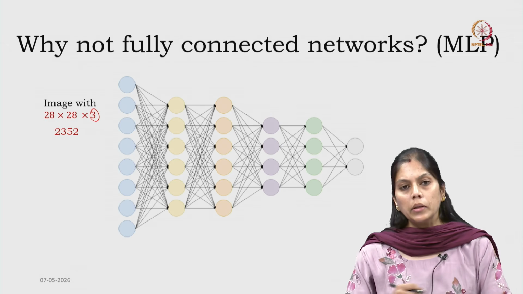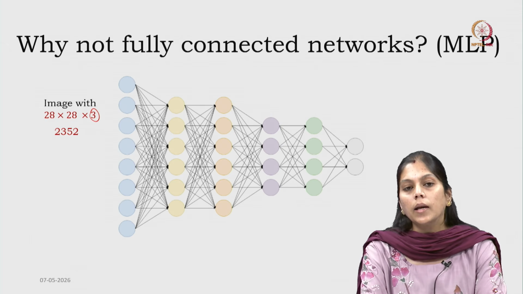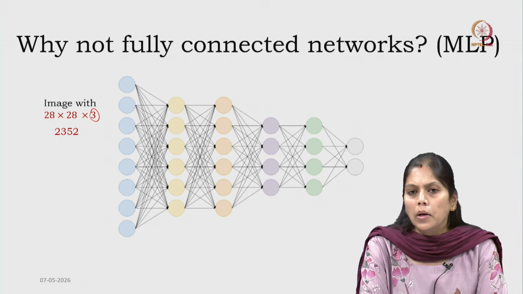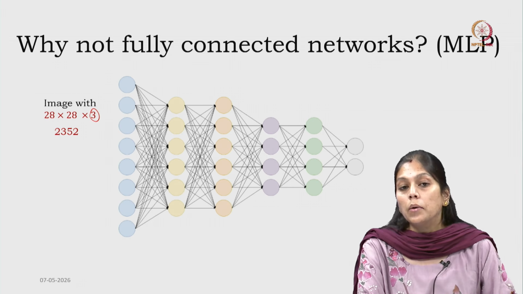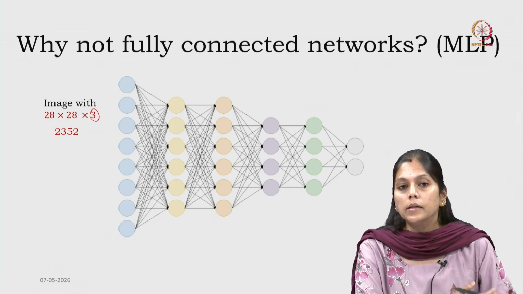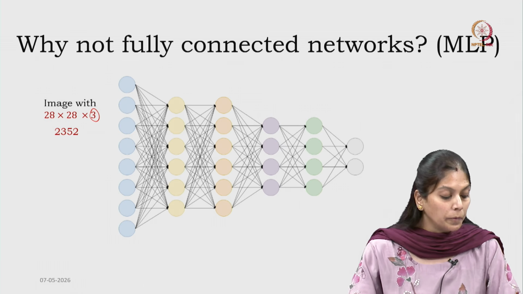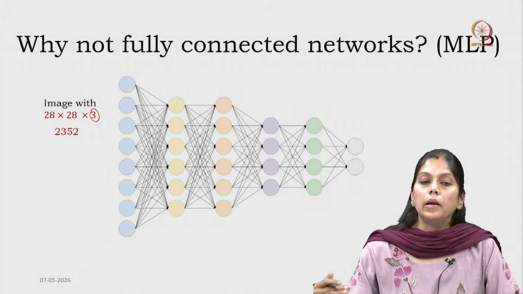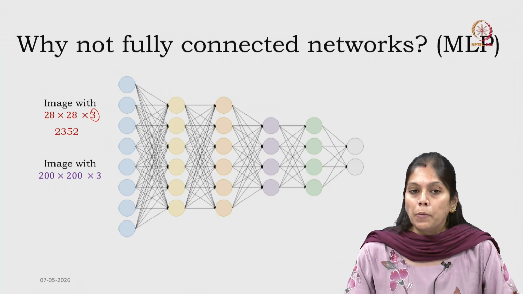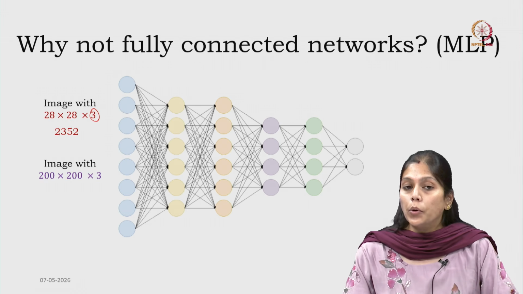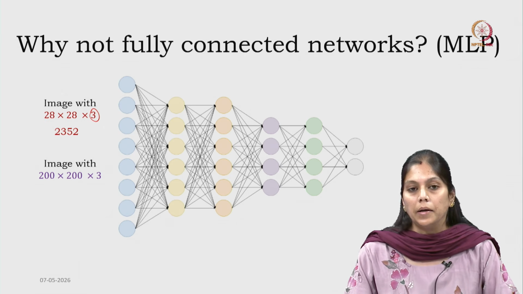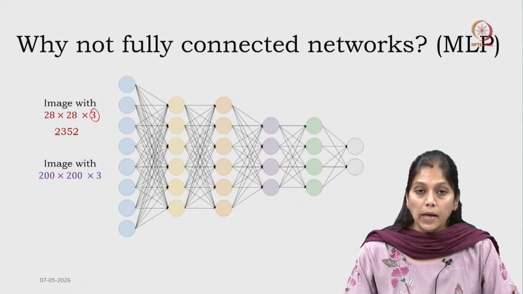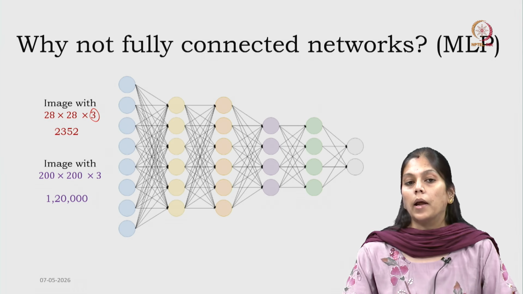But this 28 x 28 x 3 is a very low dimensional image, and we will not be able to understand what the contents of this image are. So suppose we increase the dimension to 200 x 200, and once again consider a colored image, then the size will be 1,20,000.